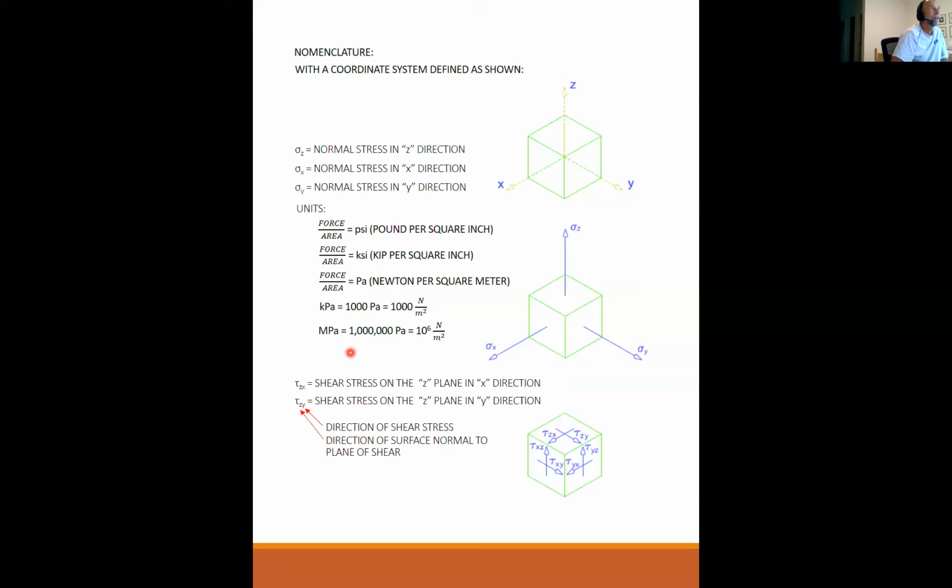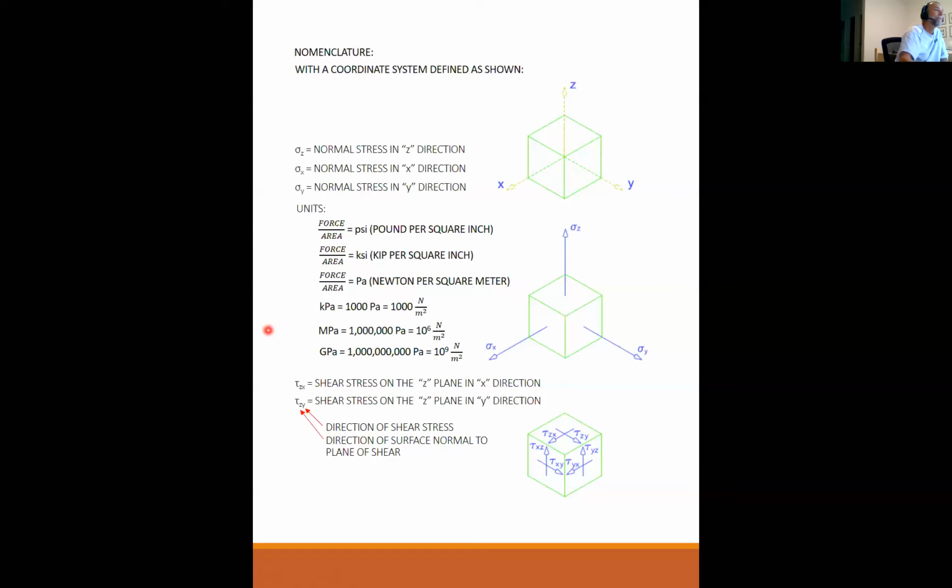If I remember right, concrete is on the order of 40 megapascals in strength, and steel is in the 300 to 500 megapascal range. So megapascals become much more useful.